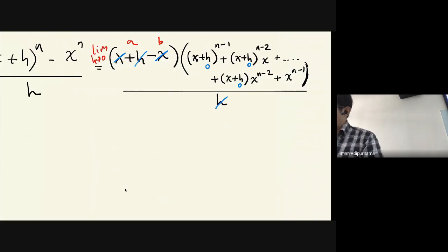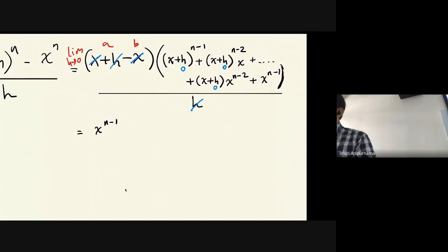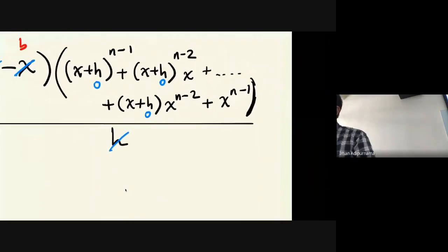So the first one becomes x with the power of n minus 1. And then see here, the h is 0, so x to the n minus 2 multiplied by x, so you will change minus 2 plus 1, right?